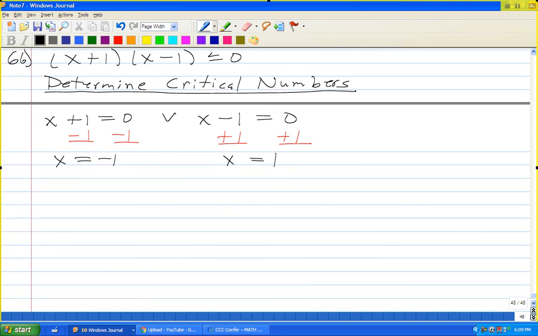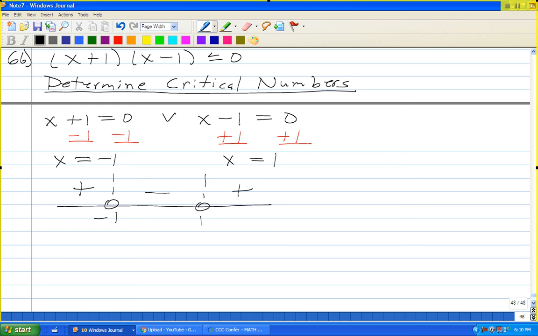Place these critical numbers on my number line. If x is between negative 1 and 1, let's take 0. So 0 plus 1 is positive, 0 minus 1 is negative. Positive and negative is negative. Since each of the critical numbers are simple roots, they all have odd multiplicity of 1, then these alternate. So plus minus plus.